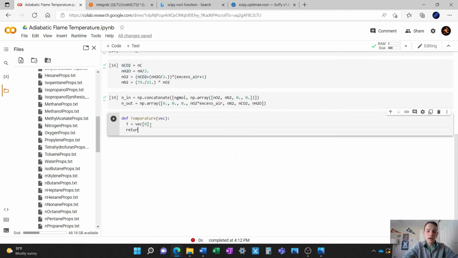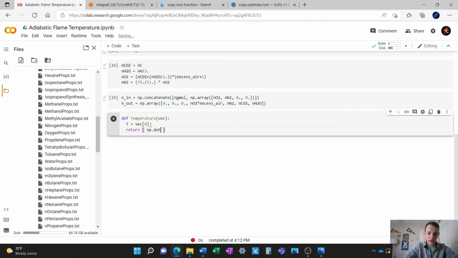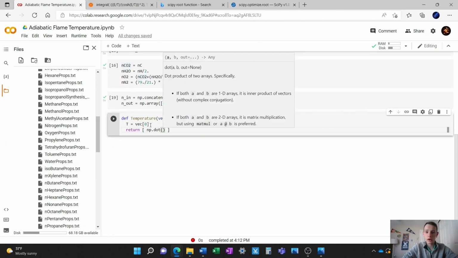Okay. Now, what are we going to return? Well, we're going to return a difference. Now, what we need to return also needs to be an array when we're using the root solver. Okay. And we are going to have the dot product of what's going out, right? Because, remember, I had the enthalpy of the products going out set equal to the enthalpy of the products going in, but per unit mass, right? And that is what we're doing the element-wise multiplication for.